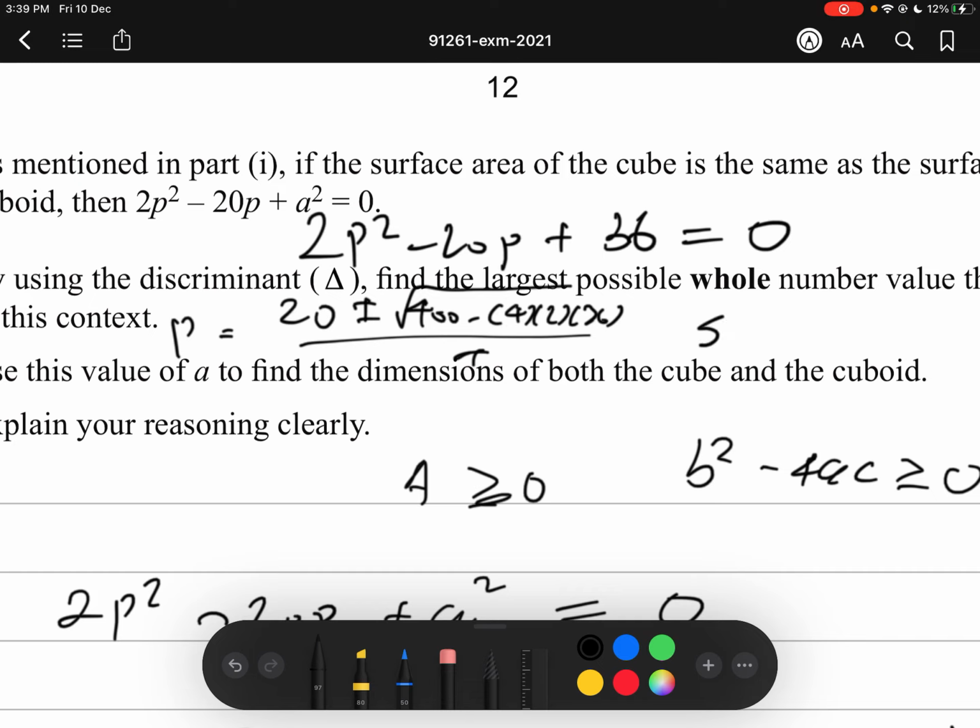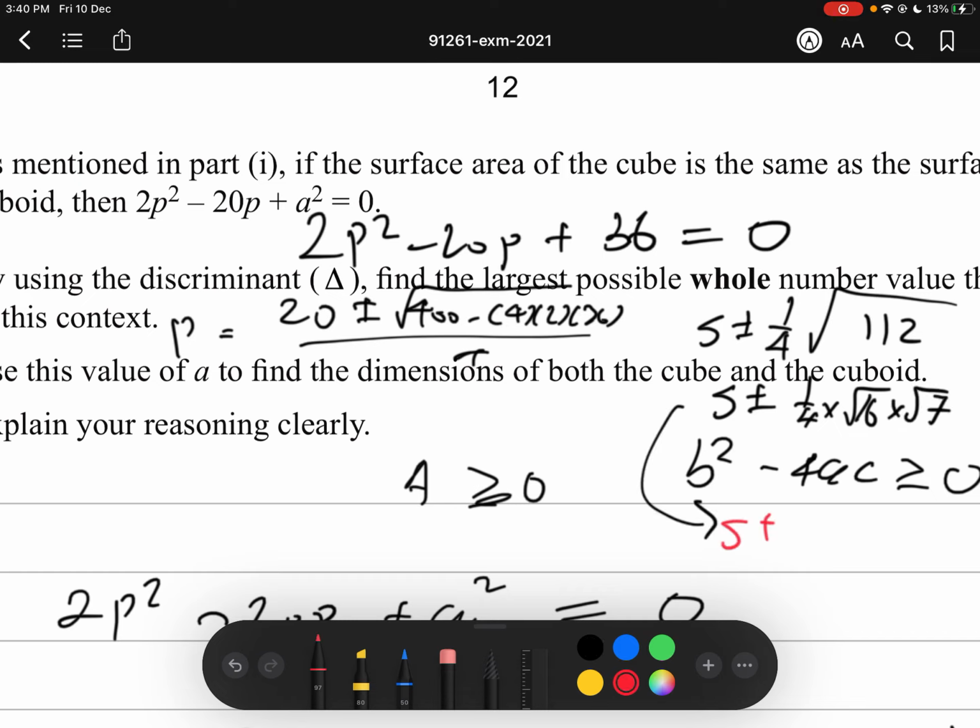So p equals 5 plus or minus 1/4 of the square root of 400 minus 4 times 2 times 36, which is root 112. We can rewrite this as 5 plus or minus 1/4 times root 16 times root 7. That gives us a final answer of 5 plus or minus root 7, since the square root of 16 is 4, times 1/4 is 1.